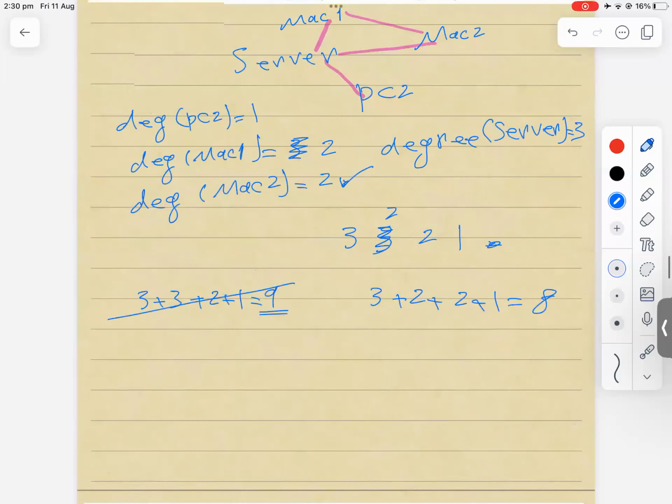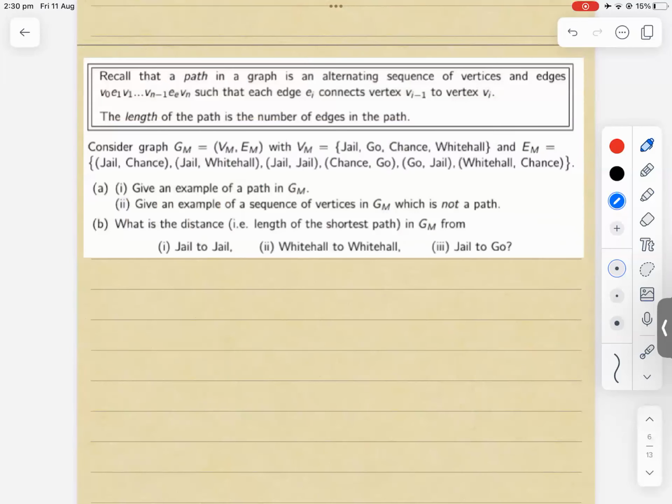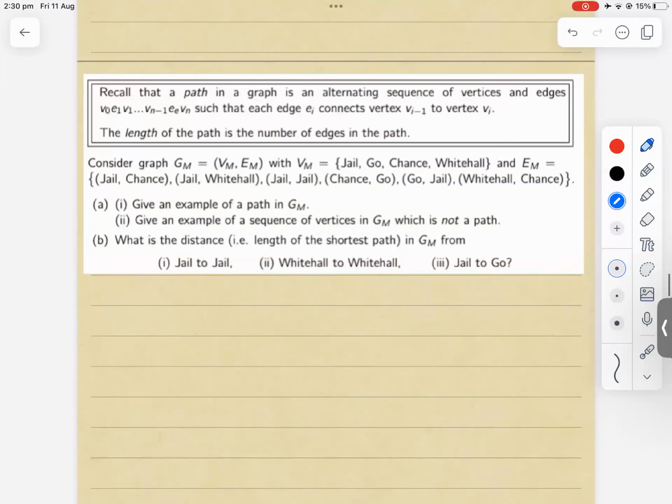All right. So now this one, recall that a path in a graph is, did you study path today? All right. A path in a graph is an alternating sequence of vertices and edges like V0, E1, V1, E2, V2.